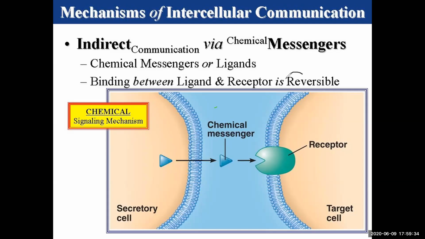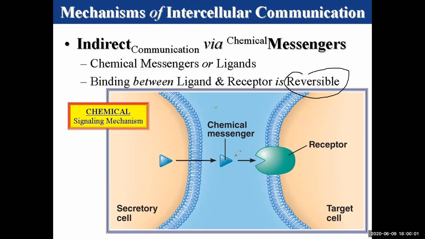It's reversible. And the binding is not through covalent bond. This is through weak interactions, like hydrogen bonding. So there is no permanent covalent bonding whatsoever. So that chemical messenger can bind and unbind, can bind and unbind. So the receptor can interact with multiple messengers per unit time.